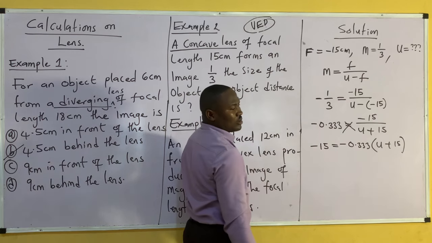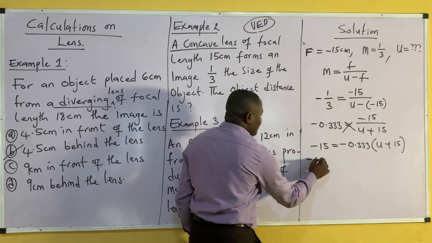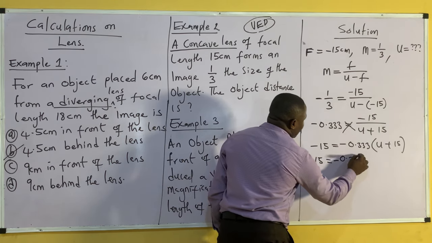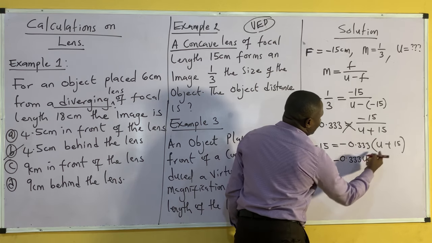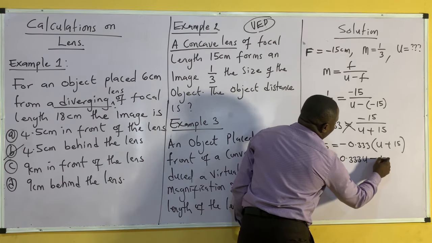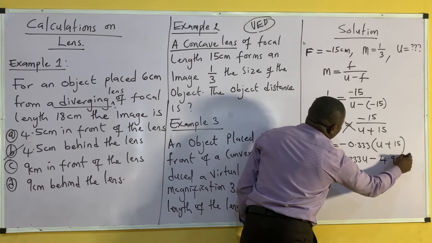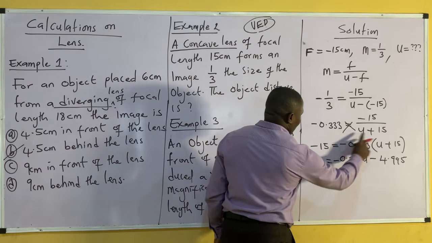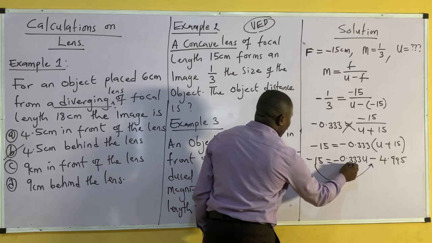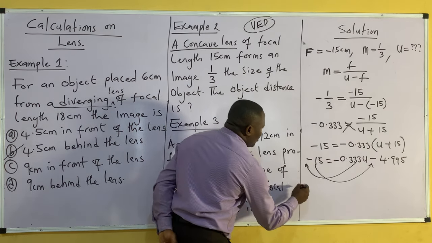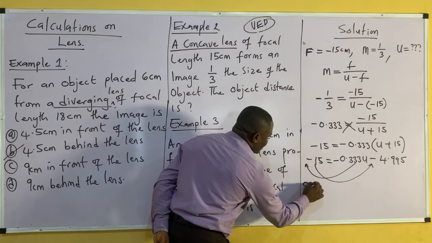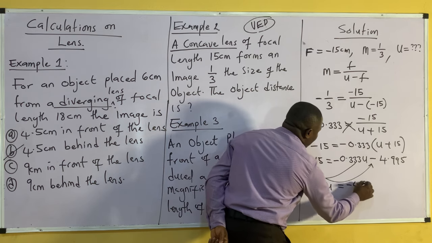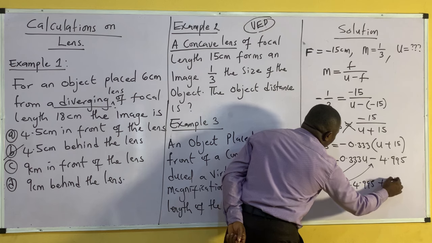That's very important. So now what do we have? We have minus 15 is equal to minus 0.333u, plus times minus is minus, minus, you have 4.995. Now, what's the next thing we do here? Let's collect like terms. Let this go this way, and let this come this way. So we'll be having 0.333u is equal to minus 4.995 plus 15.